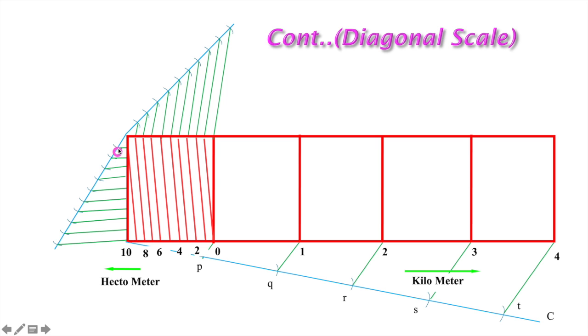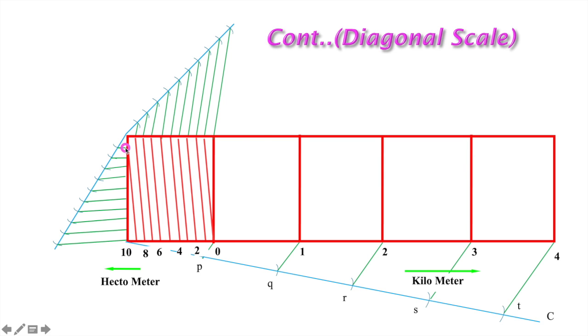In this way we have divided the width of the scale into equal 10 divisions. This is different from the plane scale. In the plane scale, we have not divided the width of the scale. As we have divided the width into 10 divisions, in the diagonal scale generally the width is higher than the plane scale.